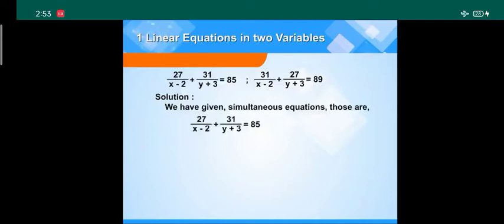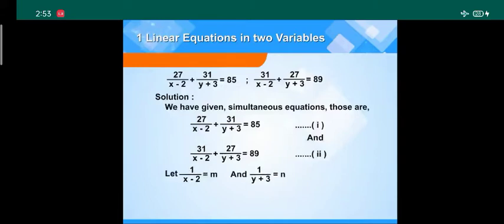Those are 27 divided by x minus 2 plus 31 divided by y plus 3 is equal to 85. This is equation number 1. And 31 divided by x minus 2 plus 27 divided by y plus 3 is equal to 89. This is equation number 2. Let 1 divided by x minus 2 is equal to m, and 1 divided by y plus 3 is equal to n.